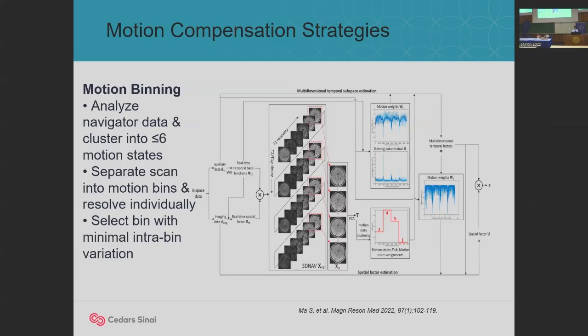One approach is the so-called motion binning, where we analyze the navigator data in the acquisition, generate a real-time reconstruction, and cluster the data into different motion states. You can separate that into different motion bins, which can be resolved individually with the multitasking reconstruction. In the end, you can just select the motion bin with the minimal intra-bin motion variation.